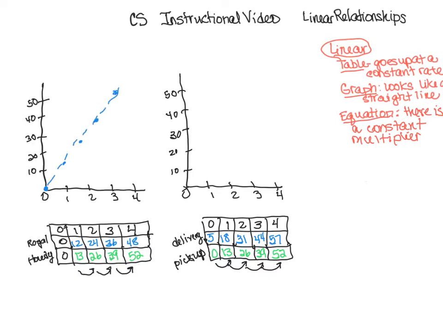Okay, and I'm going to do Howdies. Now, Howdies is going to be a little bit more. Howdies also starts here, but it's 13, and it's 26, and it's 39, and it's 52.